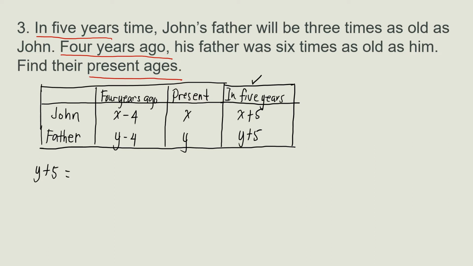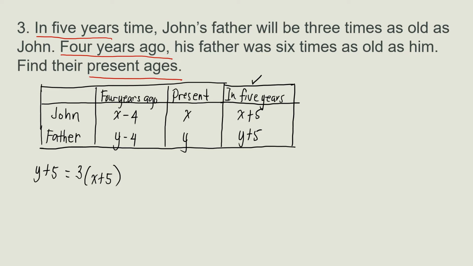John's father will be 3 times as old as John, so 3 times John's age, which is x plus 5. So that's the first equation there.